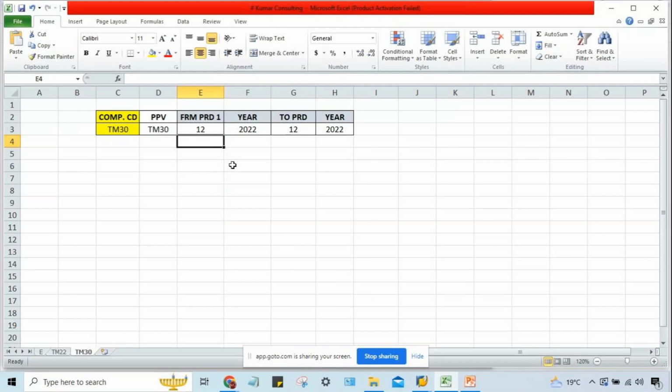This is pretty simple. If you make it like 1st to 12th, it means the whole year is open. Generally, in real time, it never happens. People will not open the period for the whole year. Of course, month-wise periods are going to be open.